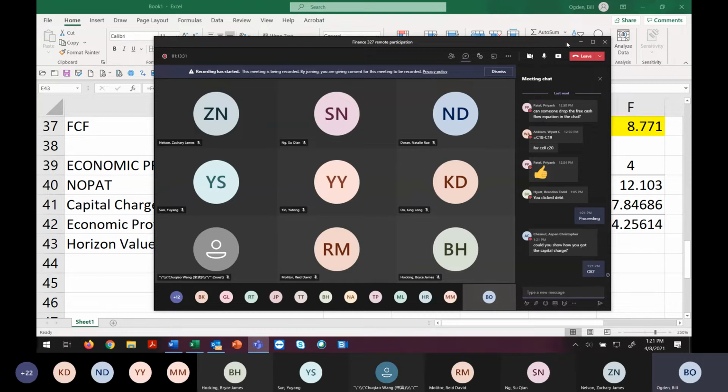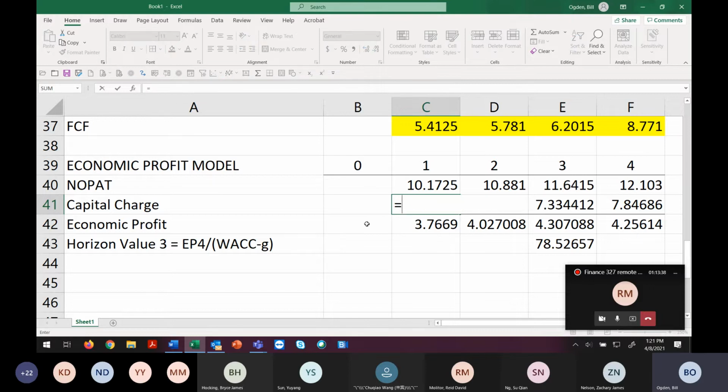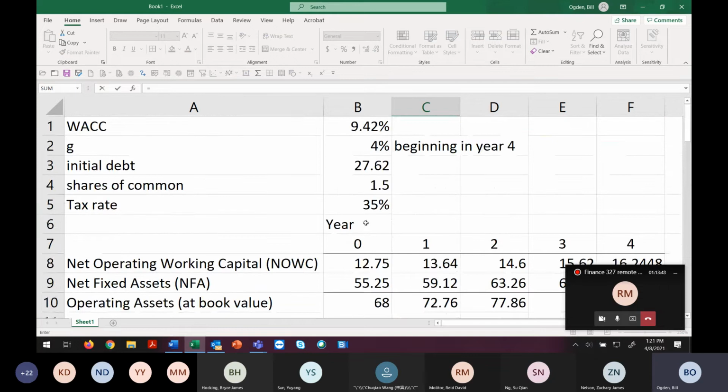The capital charge, let's do that. Okay, the capital charge is, let's do it all over again, in fact, equal to, we come up here, okay, and we have 68, so capital charge, we have $68 million of capital, and the charge against that, or the rental for using capital providers' inputs, is the WACC.